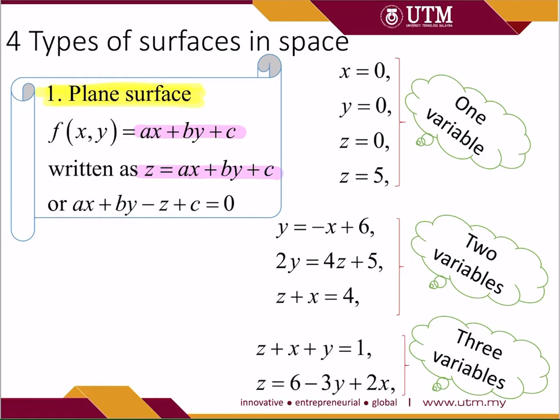And then we bring the z to the other side, and it becomes ax plus by minus z plus c equal to 0. Okay, so this is the general form for plane surfaces. We have x, we have y, and we have z.